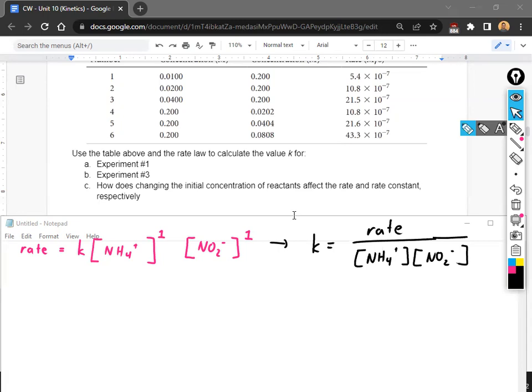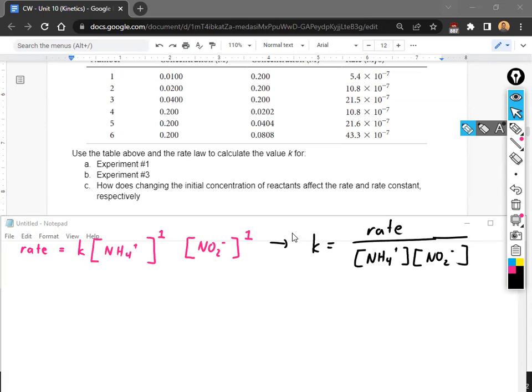Okay, with that being said, I'm going to give you guys about 3 minutes. See if you can calculate the K value for experiment 1. The data is up here for you. And the K value for experiment 3 as well. And see if you can see if changing the initial concentration affects the rate and the rate constant. Okay, both of them.